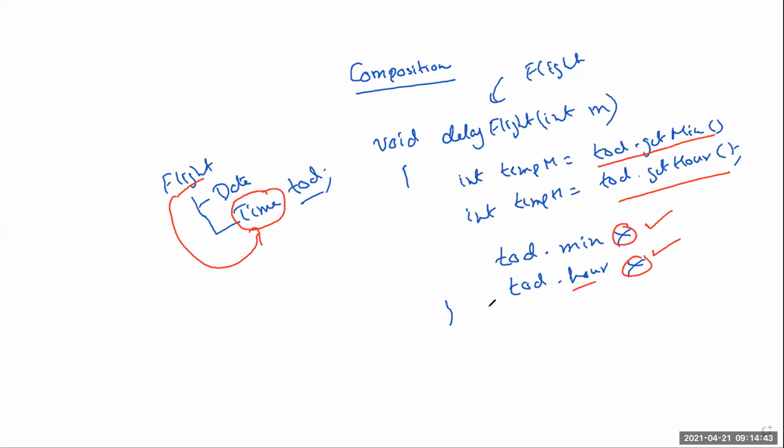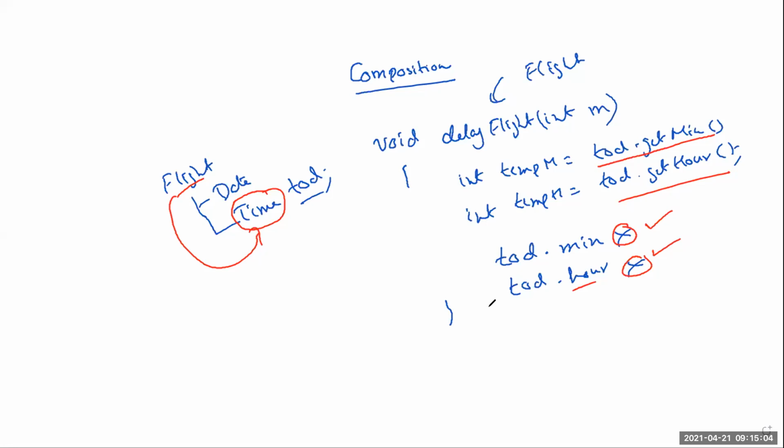So when we are doing composition, normally the container class, which is flight, there can be a situation that it needs to access the private data of the contained class, which is time in this case. And for that, we can make use of get functions and set functions, right? That is perfectly fine. There's no problem with that.